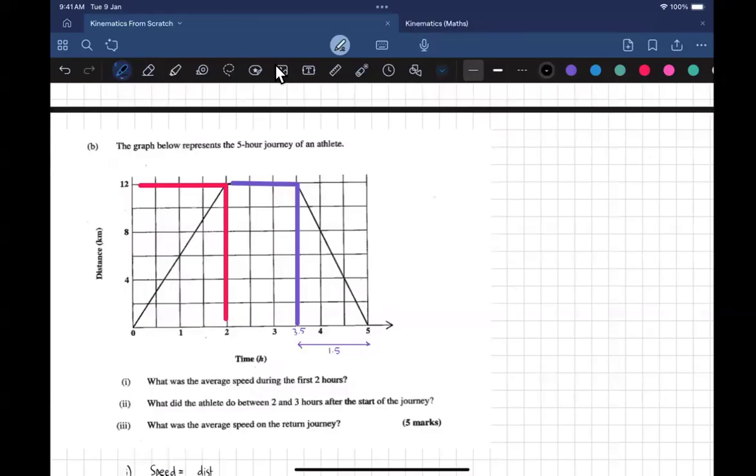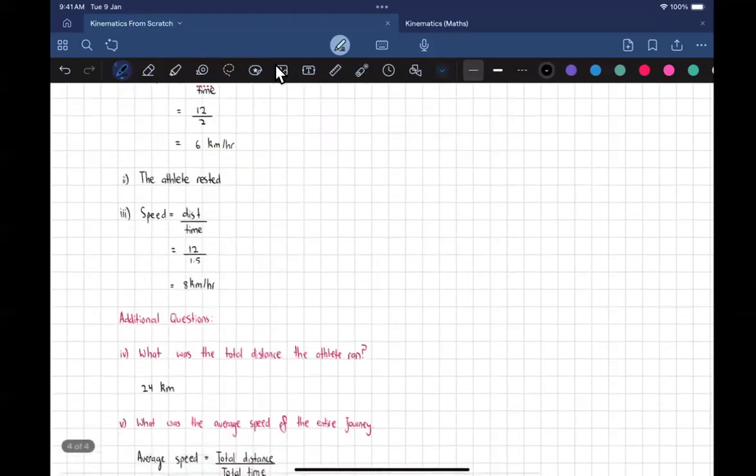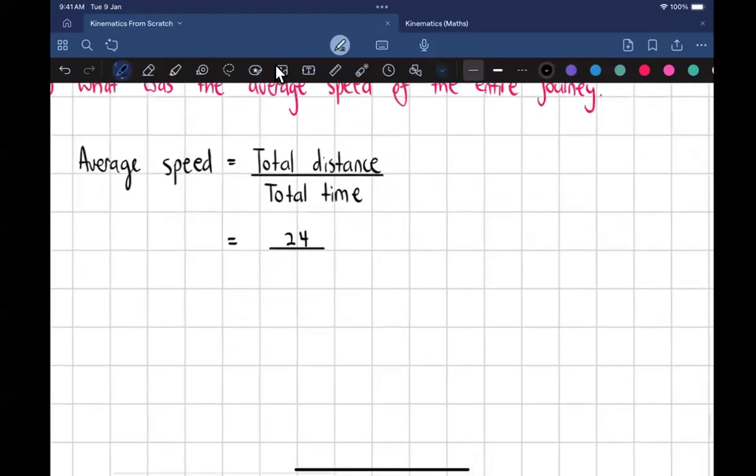All right, Haley, tell me, what was the total time of this journey? 5 hours. Yes, it was 5 hours, right? What is 24 over 5? 4.8. Right, 4.8 kilometers per hour.